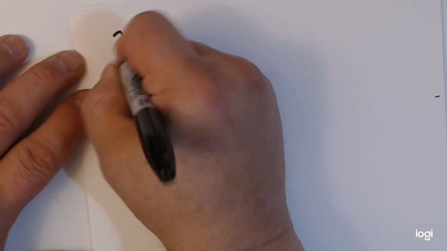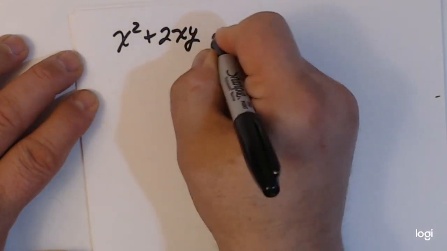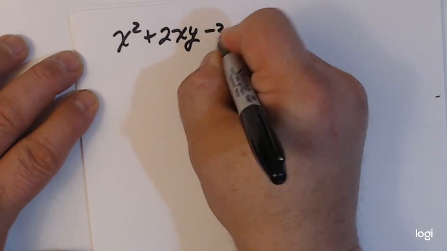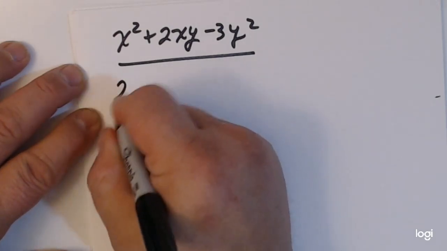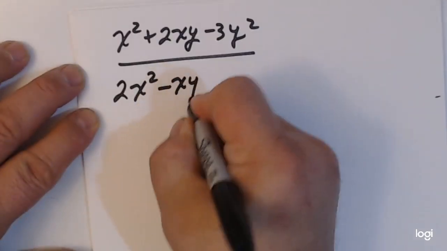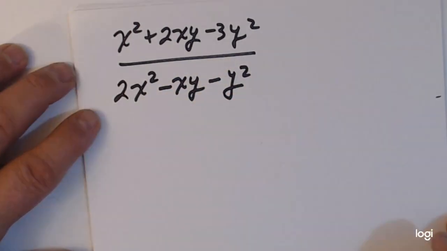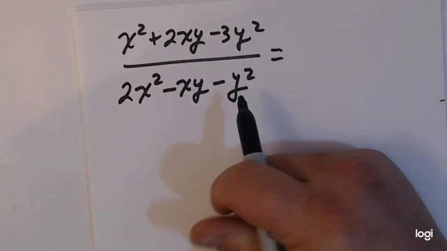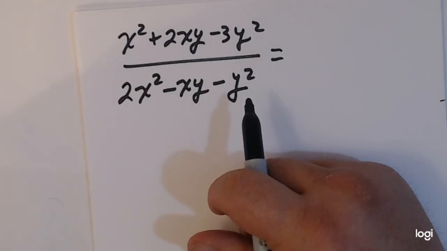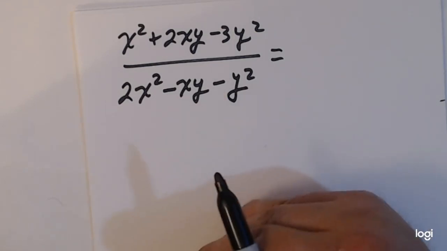How about x squared plus 2xy minus 3y squared over 2x squared minus xy minus y squared. Okay, so all this means is we're going to have x and y as factors in here. Not a big deal.